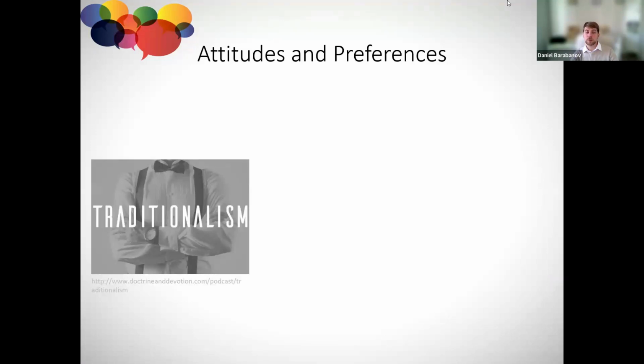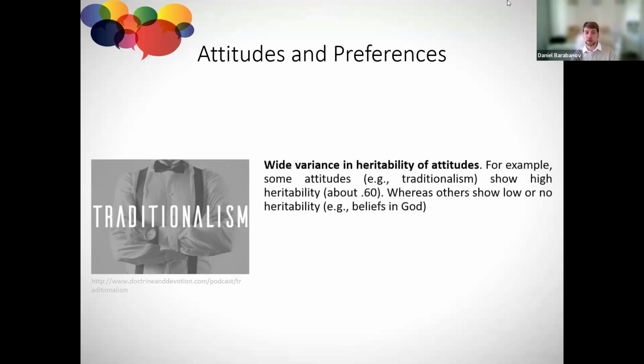Genetical factors influence other personality characteristics a bit differently, for example, attitudes and preferences. So here, everything is very different. There is a huge variance in heritability of attitudes. Some of them show very interesting results.